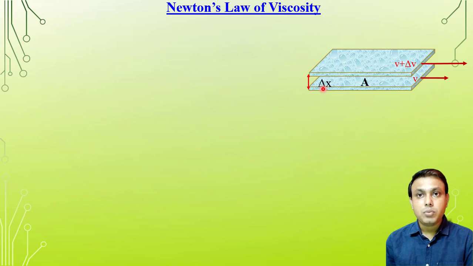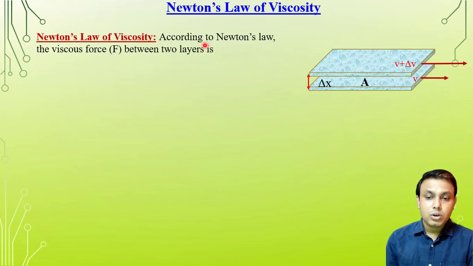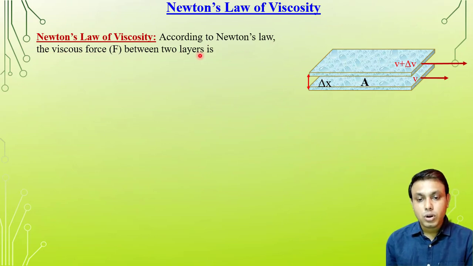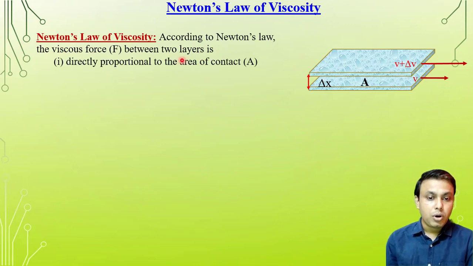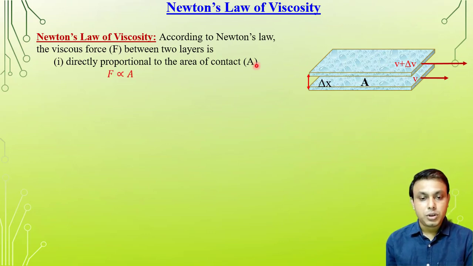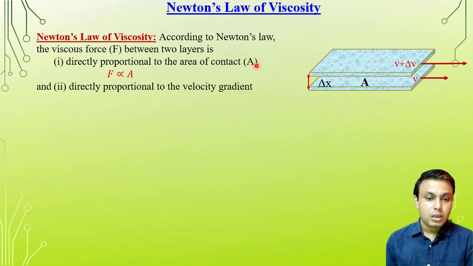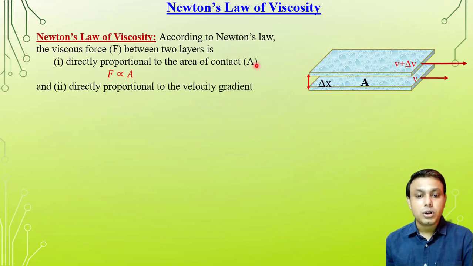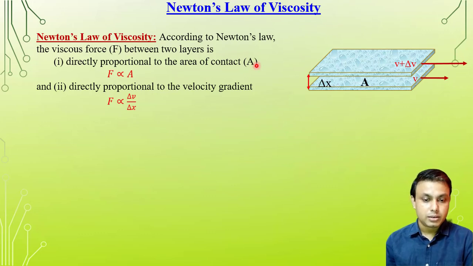Now what is the viscous force between these two surfaces? According to Newton's law, the viscous force between the two layers is directly proportional to the area of contact, that means F is proportional to A, and directly proportional to the velocity gradient, that means F is proportional to delta v by delta x.